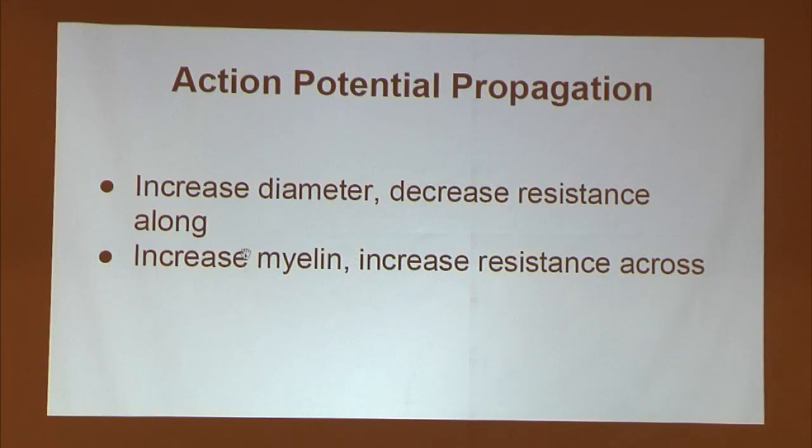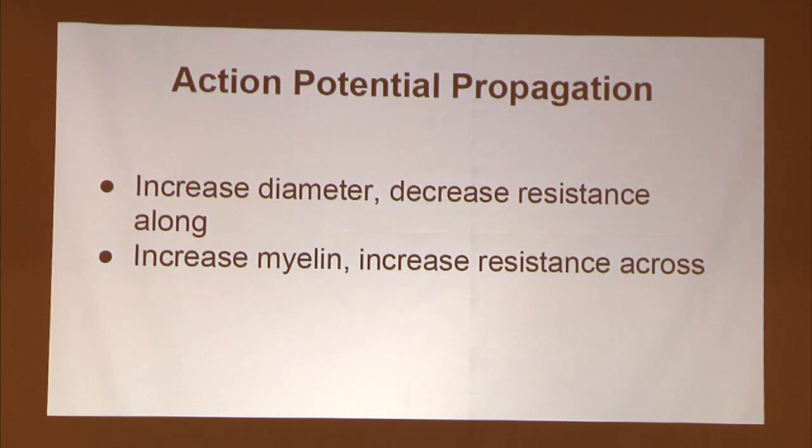And then myelin increases resistance across the membrane or across the axon, so it's keeping everything from leaking out. It makes it faster and more efficient when we have myelination versus when we don't have any. When we have myelination, the ion channels can really only open at those nodes around the axon, and the signal jumps from node to node and goes down our axon much quicker than going through every single piece of the axon all the way down.